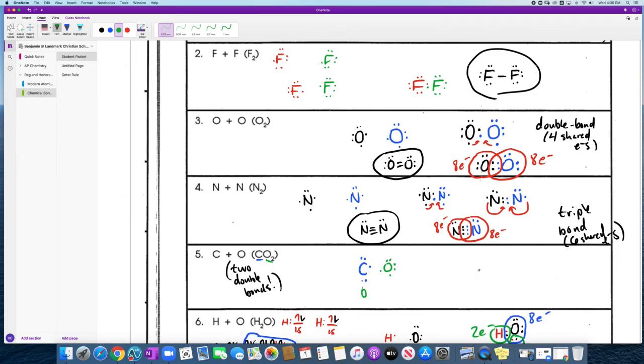Okay, so you get some overlapping electrons that way. Okay, so let's move them in. And so now we've got carbon with 2 electrons there, and oxygen here.